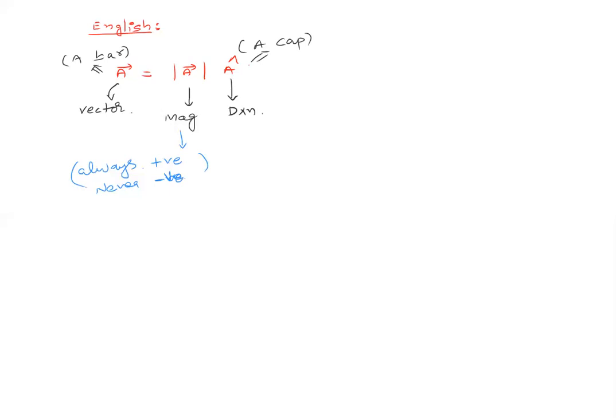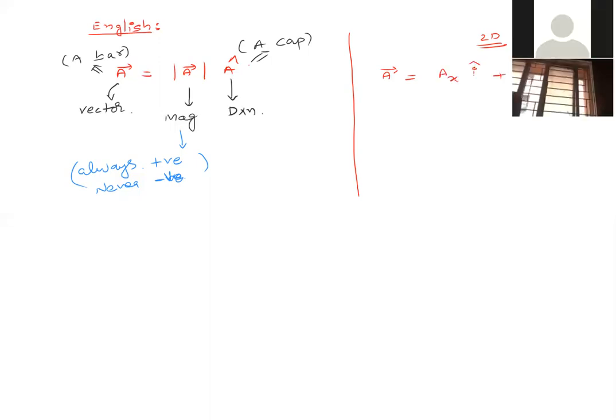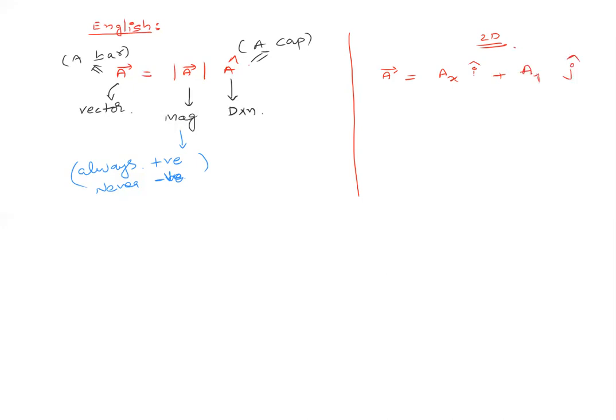Now coming to two dimensions in terms of i cap and j cap, if you are representing a vector a bar as ax i cap plus ay j cap, your magnitude is given by mod of a bar equal to under root ax square plus ay square.